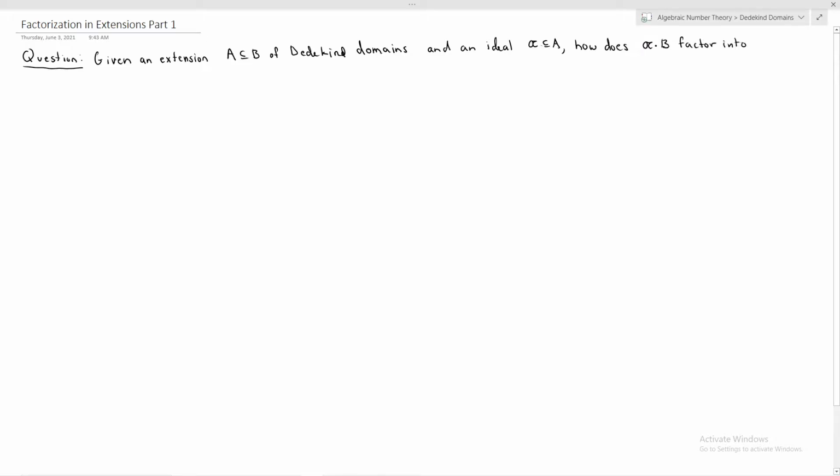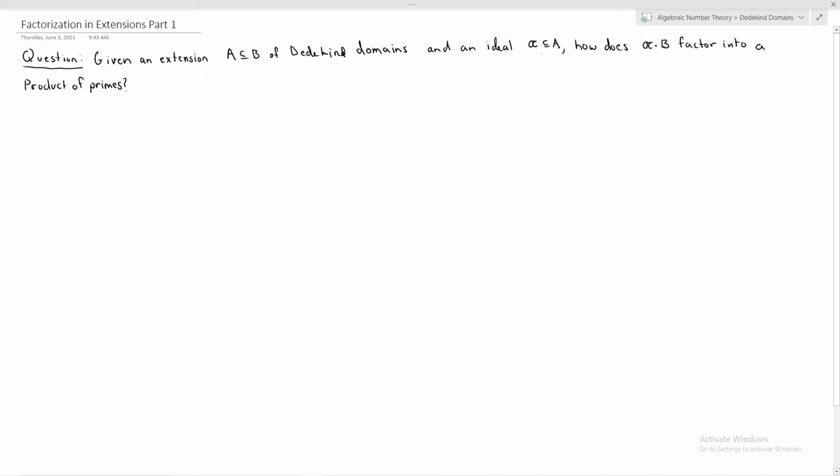So the ideal generated by A in my bigger ring B. Okay, this is the question I want to try to answer in the next few lectures.